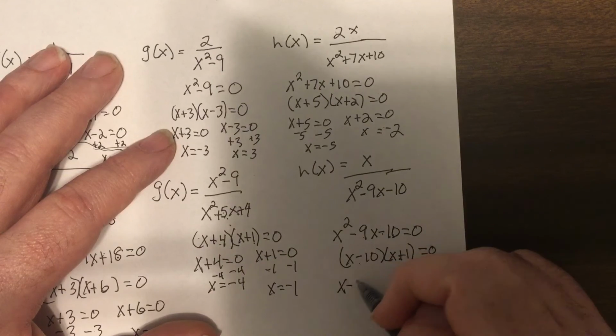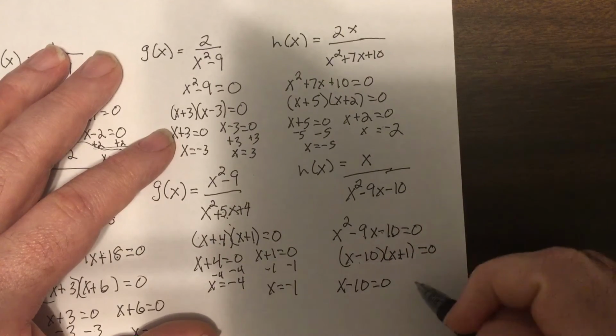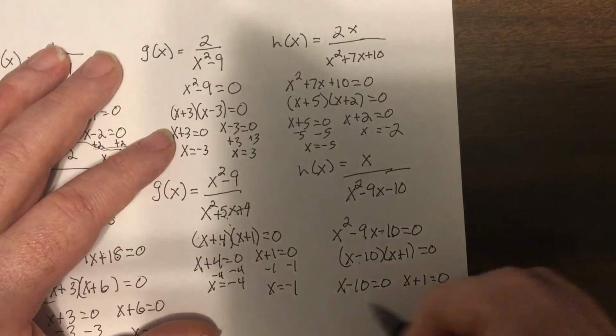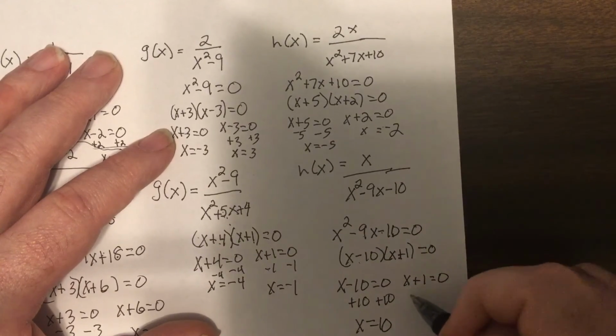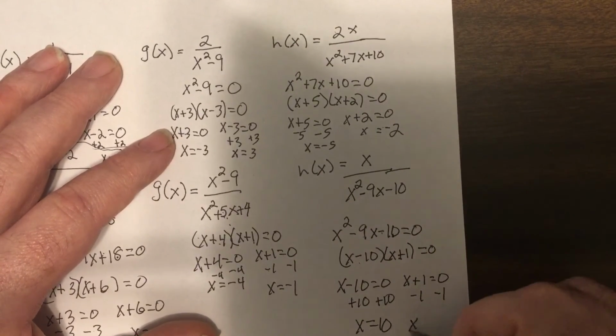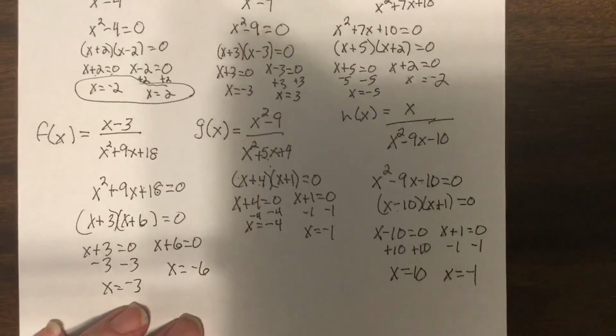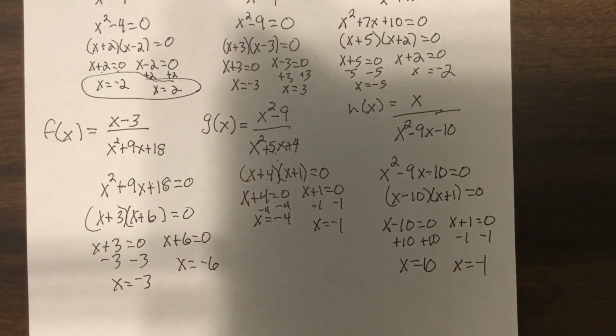So it'd be x minus 10 equals 0. X plus 1 equals 0. Add 10. Subtract 1. Okay. Part 2.